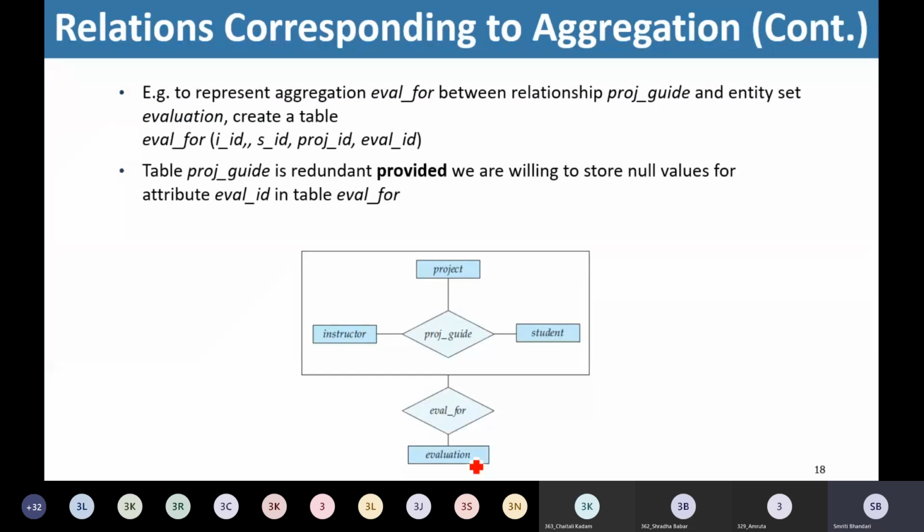Let us assume that we have this aggregation. We have seen this example earlier. In this aggregation, we have the aggregation of this upper level structure with the entity set evaluation. Now, how to represent this eval for relationship? This eval for relationship is actually the relationship between the aggregated entity set at the upper level and the entity set evaluation.